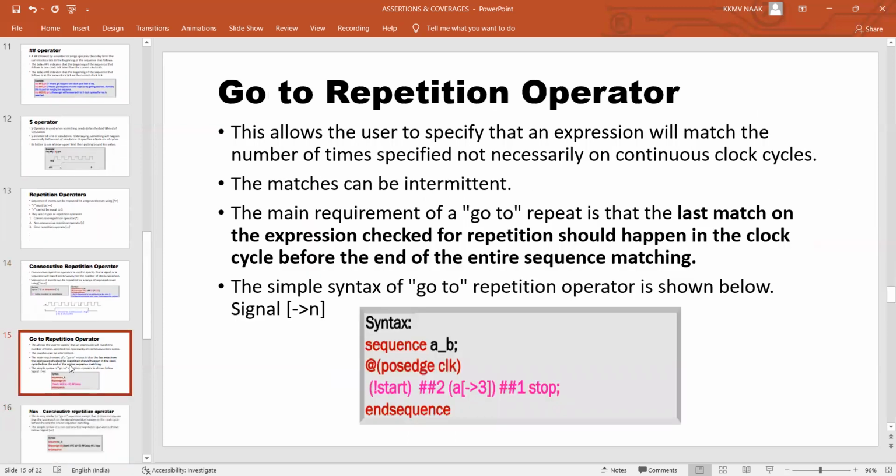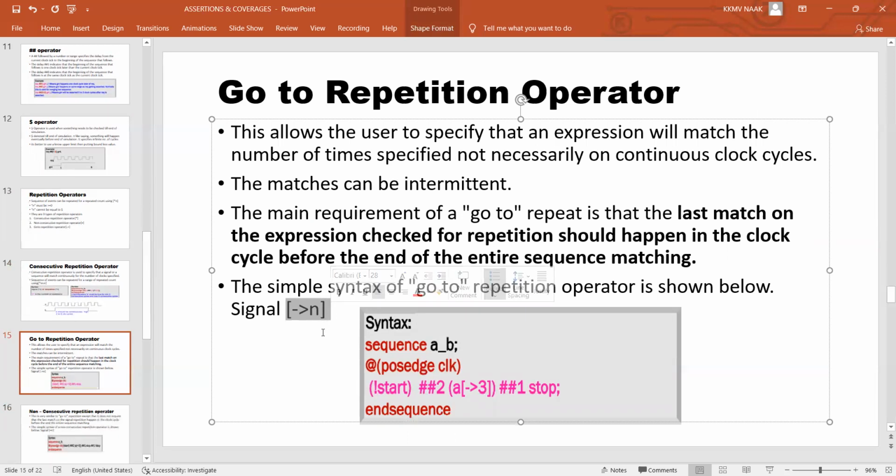Next, we are checking the go-to repetition operator. This is the symbol for the go-to repetition operator. Remember this: here you are not checking for a particular signal to be continuously high for a certain range. It can be intermittent also, meaning in between it can go low.